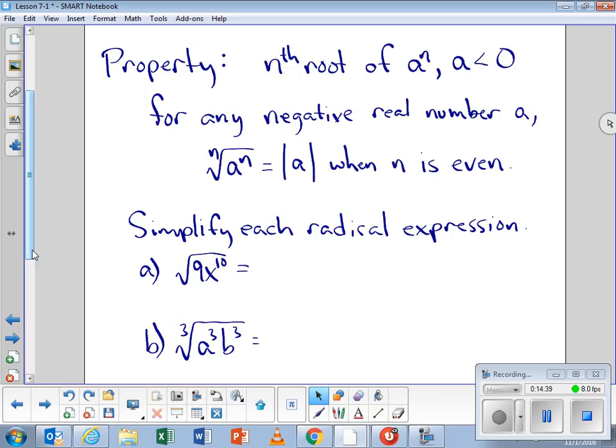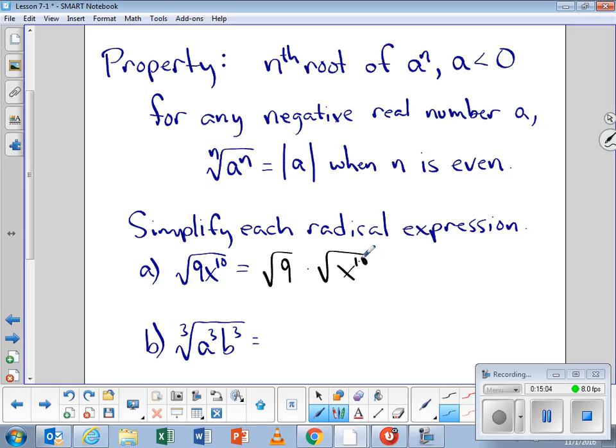So, we're going to simplify each radical expression here. And so in doing this, I'm going to break it up this way. Oops, sorry. Didn't mean to write 10. Let's write x to the 10th.